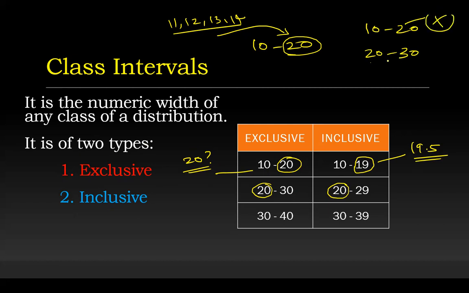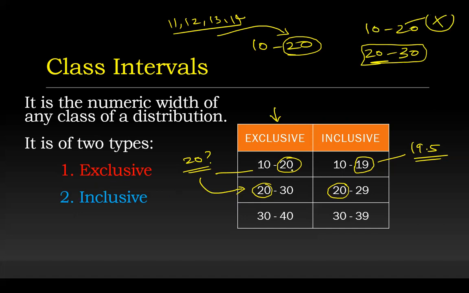I should include the 20 value in this particular class interval only. So 20 will be added in this particular class interval. So I'm going to exclude this 20 in the first one, so I can remember like this. When I exclude this, I will call it exclusive. It is not true as a definition, but you can remember it like this. Now this is called inclusive, that we can find out.